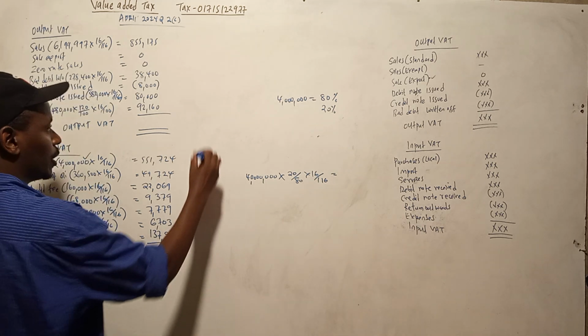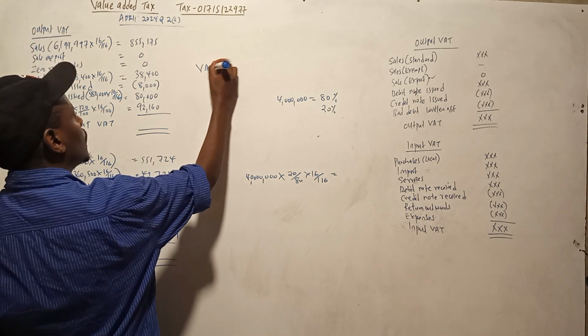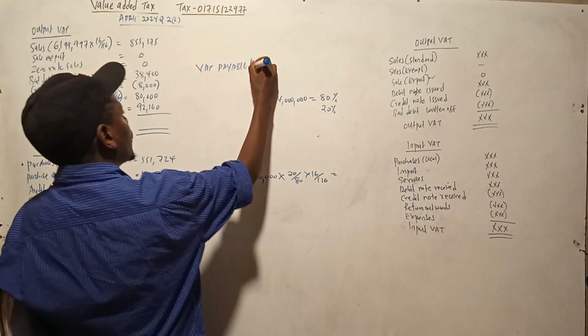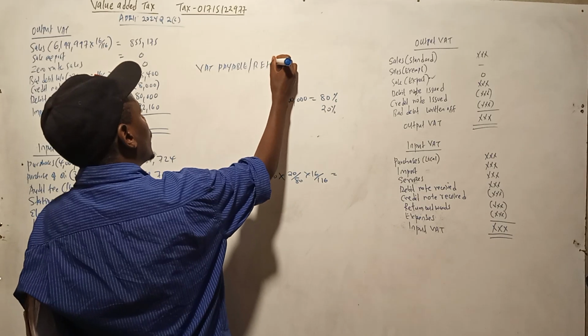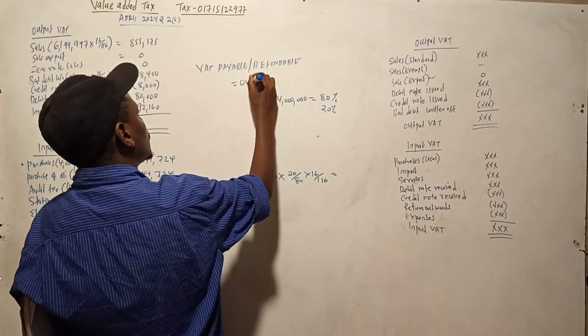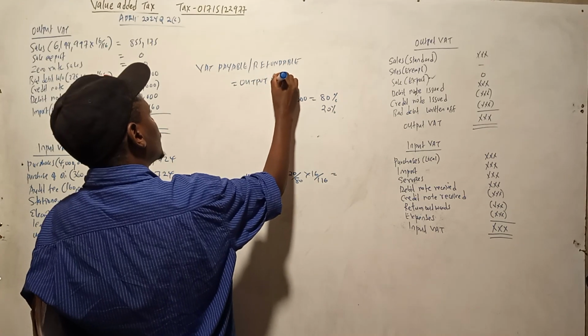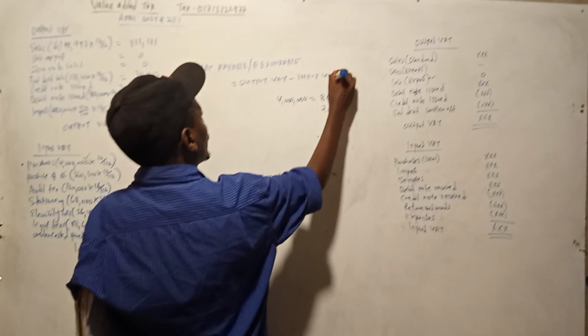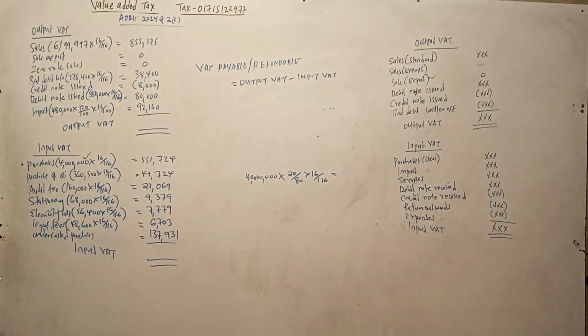Then ukumbuke now to get the VAT payable, or refundable, unachukua output VAT minus input VAT. So output VAT minus input VAT.